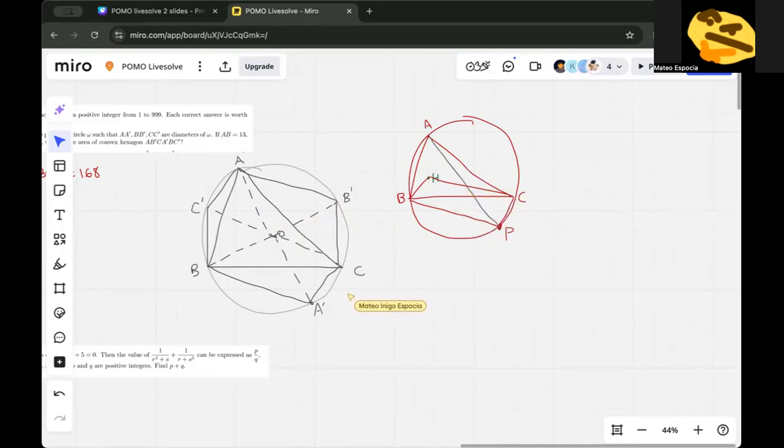If you know cyclic quadrilaterals, opposite angles of a cyclic quadrilateral add up to 180 degrees. So first of all, what's angle BHC?